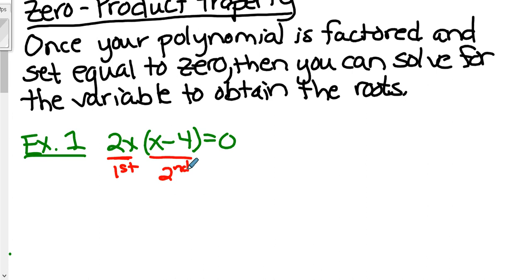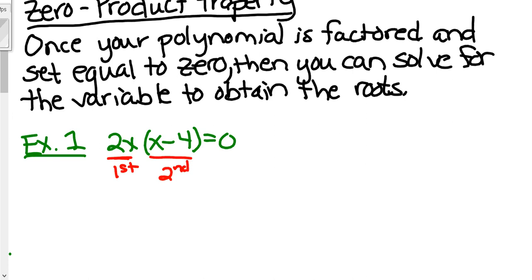And since you have two parts of this factor, you have to have two answers. That's the only thing about zero product property. Each factored part has an answer. So all the problems you'll be doing have two answers. We are going to do an example where you only get one answer, but otherwise, there are always going to be two answers.